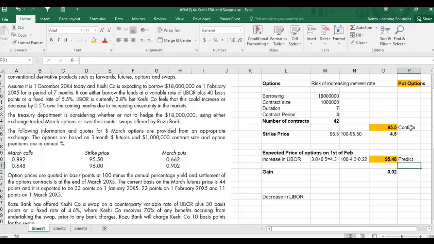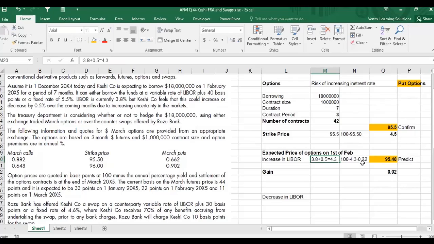We predict that the current market rate is 3.8, LIBOR will go up by 0.5, LIBOR will become 4.3.